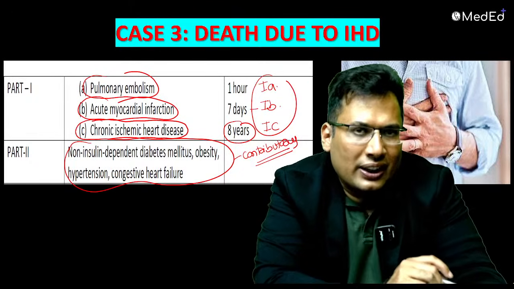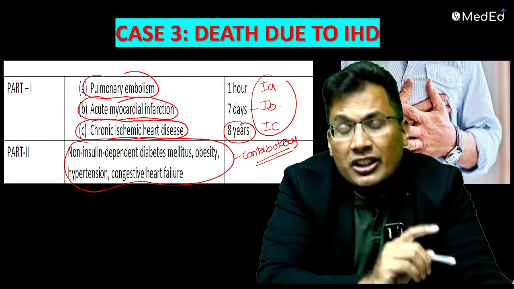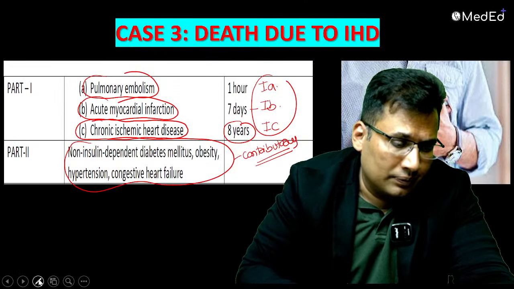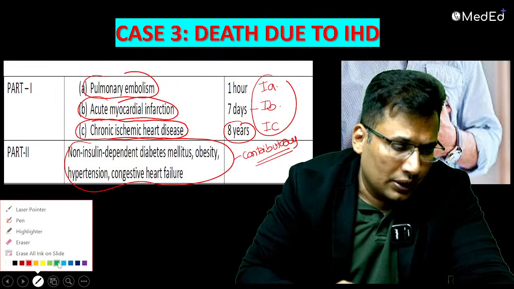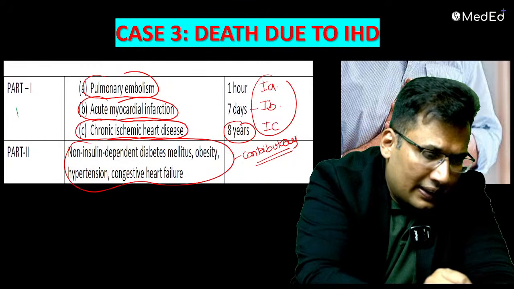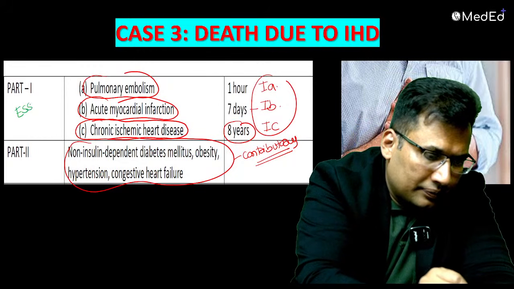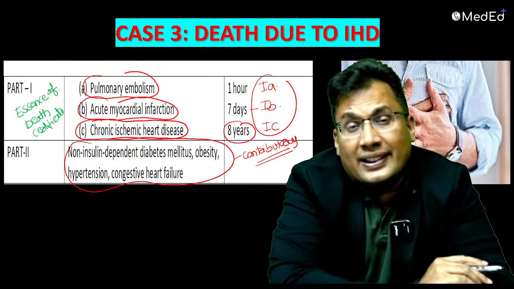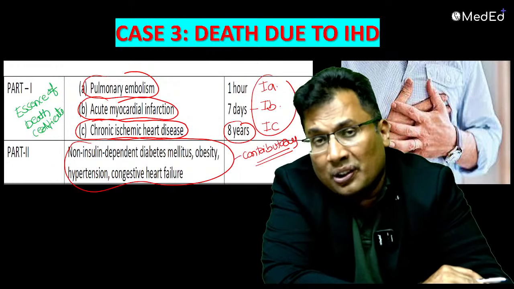Now one more question asked in the exam. Which of the following is known as the essence of the death certificate? Anyone, can you answer? The heart of the death certificate.